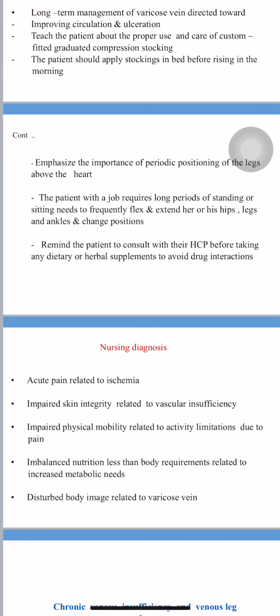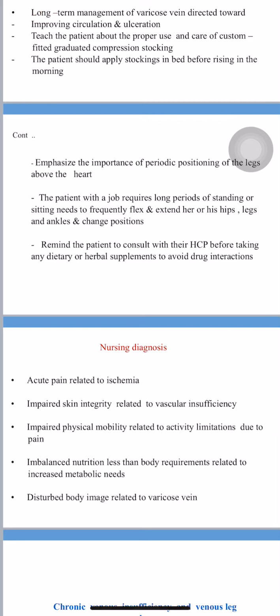A patient whose job requires long periods of standing or sitting needs to frequently flex and extend the hips, legs and ankles and change position. Remind the patient to consult with their healthcare professional before taking any dietary or herbal supplements to avoid drug interactions.